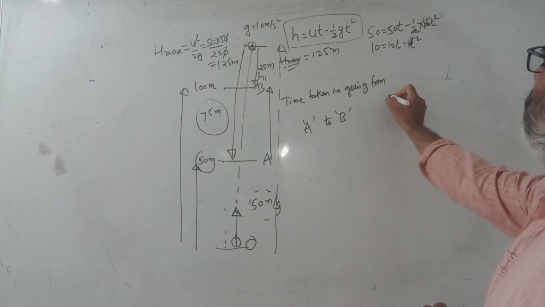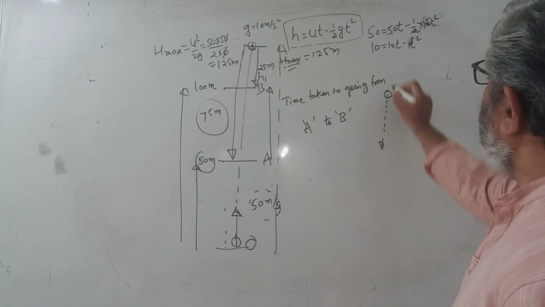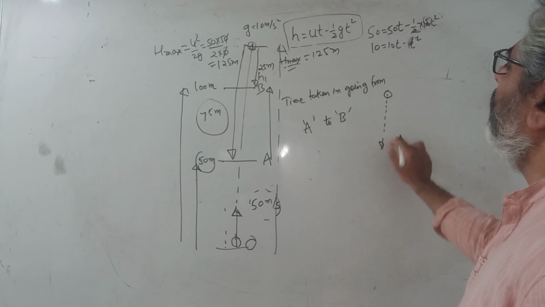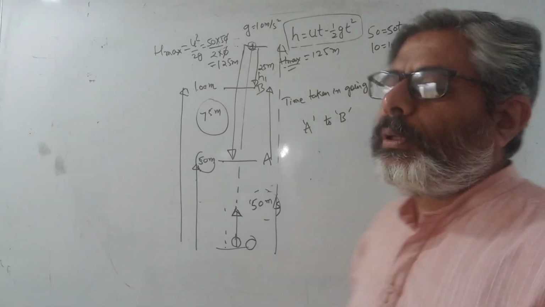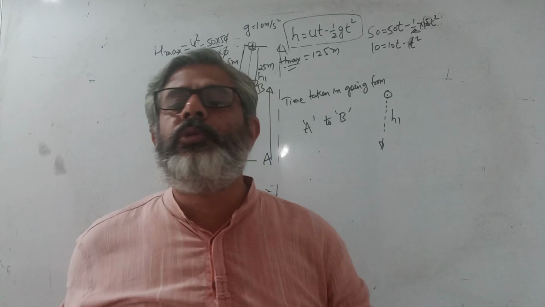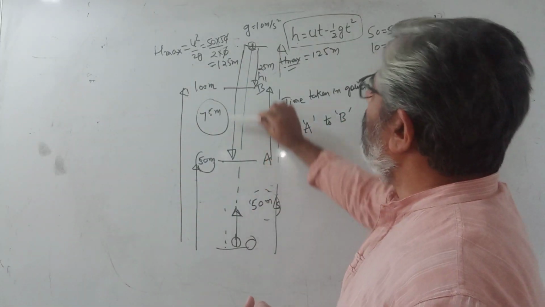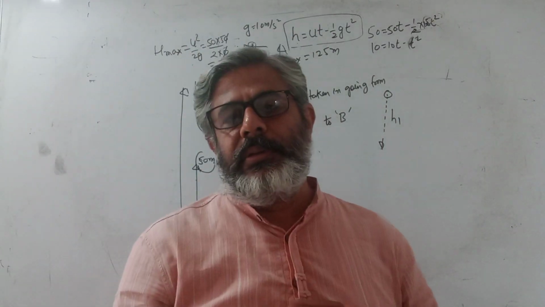How? Now देखिए, अगर आप यहाँ से किसी पार्टिकल को ड्रॉप कर देते हैं, so the time comes easily. Suppose it falls through a height h1, so it starts from rest. अगर आप किसी पार्टिकल को ऊपर से ड्रॉप कर देते हैं, सपोज, so as it goes up, it comes to rest, and then it is like a particle dropped from there.